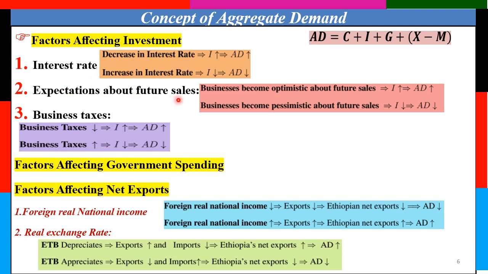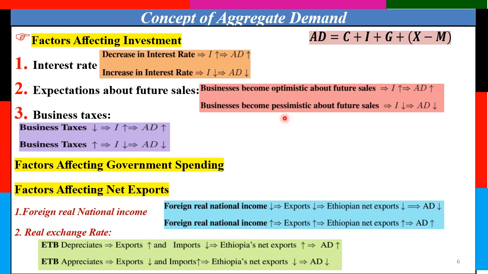The second factor is the expectation about future sales, where the people assume that their product sales are increasing in the near future. If the people are optimistic, that means they have a positive attitude towards their products on the future sales, now they start to invest in large amounts, and this increases the aggregate demand.